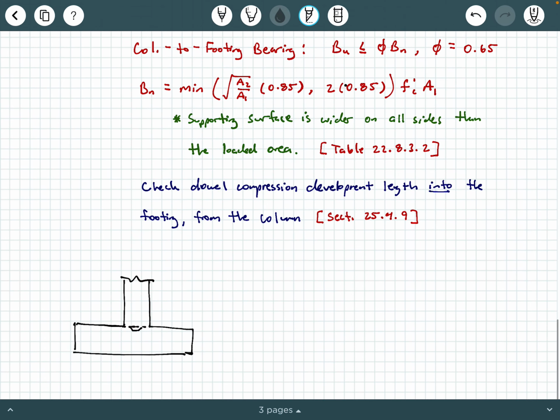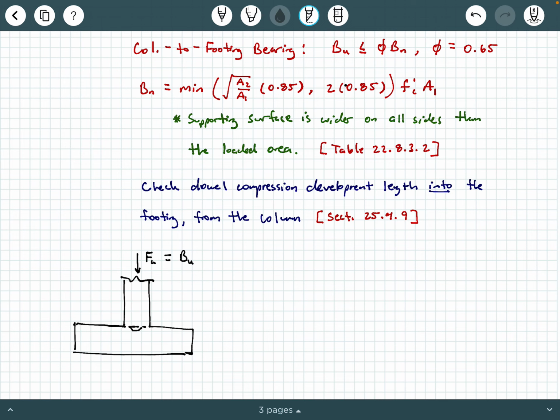And so what you have to ensure is that the factored load, which in this video I've been calling FU, is going to be transferred from the column through this interface into the footing, okay? And so what you have to ensure is that BU is less than or equal to phi BN, all right? Now that FU from the column, the factored column force, is BU, all right? Phi is going to be equal to 0.65 because why?